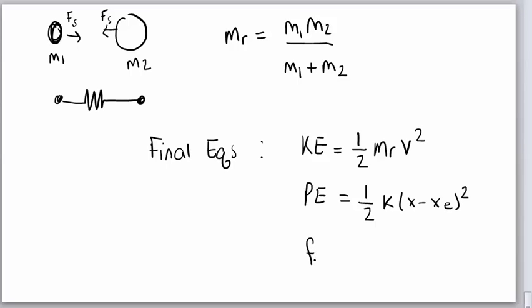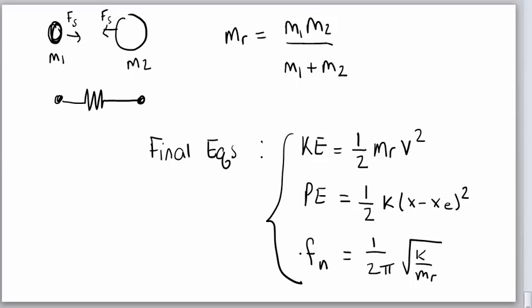And then we have the natural or characteristic frequency of oscillation, and that's going to be 1 over 2 pi times the square root of k over that reduced mass m_r. So there's our explanation of how two atoms oscillating together are very much like two masses on a spring, and they behave that way. We have the kinetic and potential energy and the characteristic frequency of oscillation.